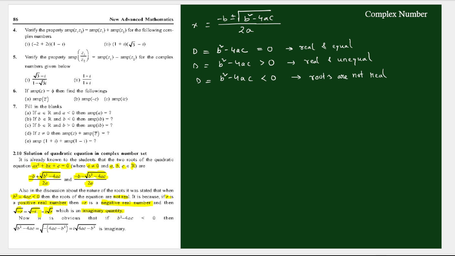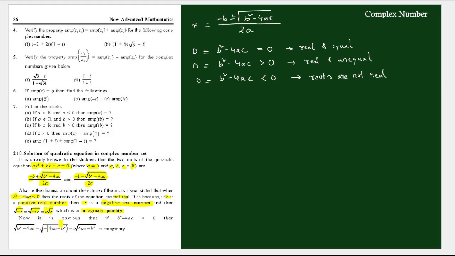It should be i square r, where minus 1 is there. Then from there i comes out. So the minus should not be here. Then it becomes i root over of r.